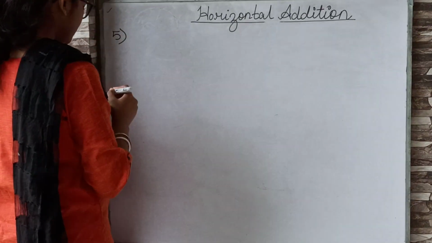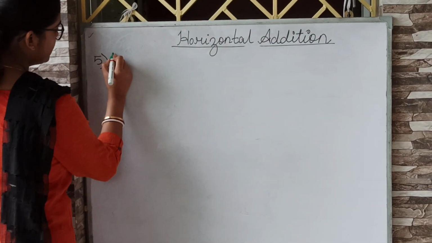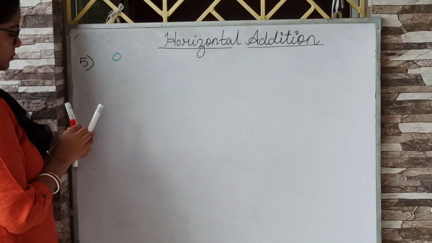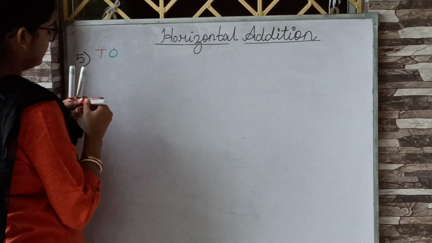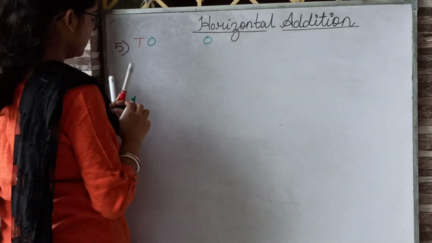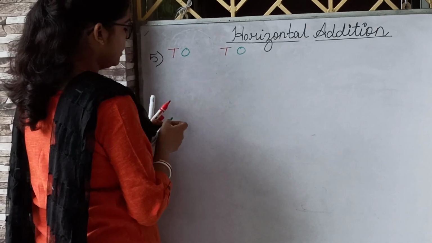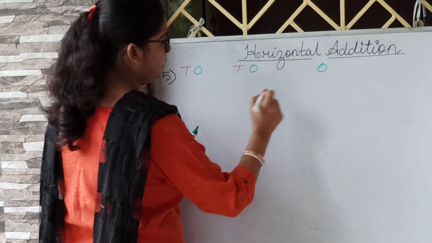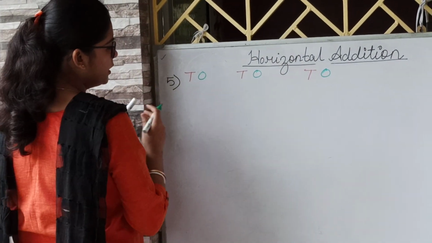Okay, so let's write first ones, tens, again ones, tens, again ones and tens. So let's put the digits.